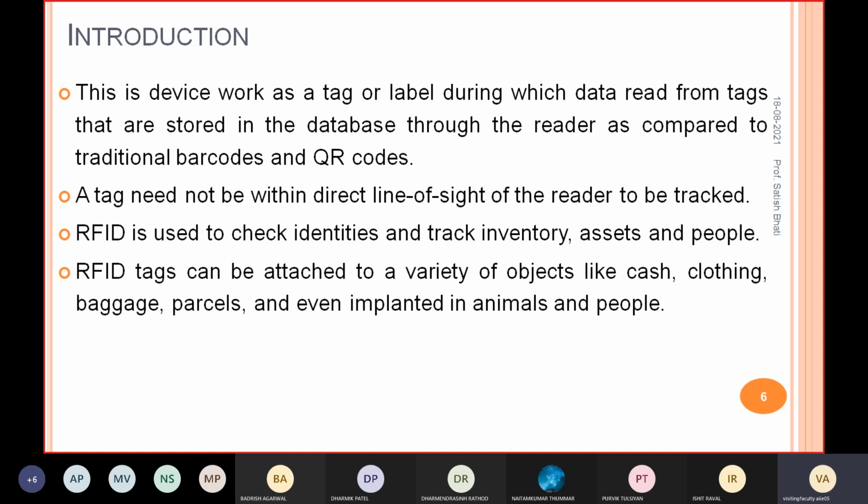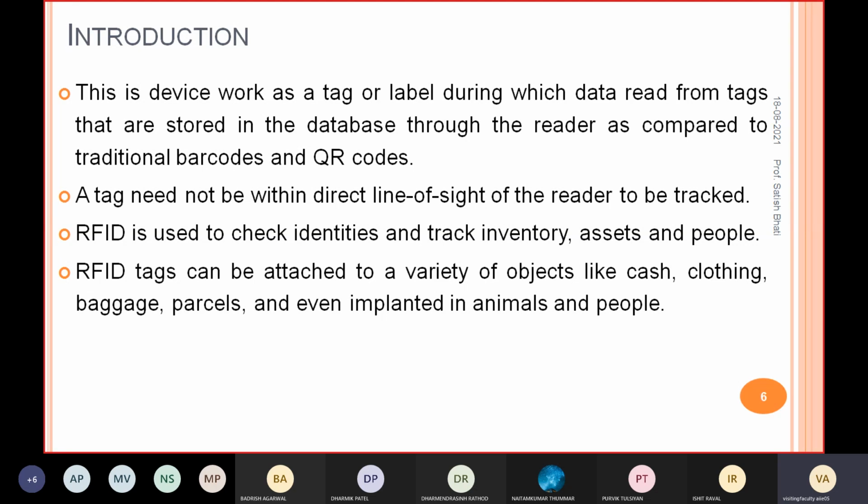Using the reader you read it and take that information into the database. You can store it, or compare it with whatever database is available, and using that you can perform some action or use it in some application, right?